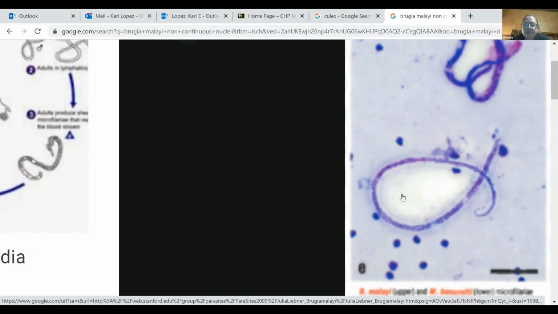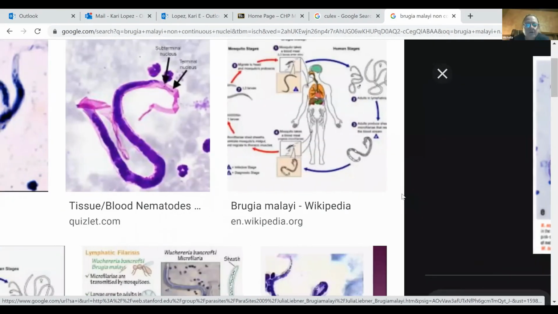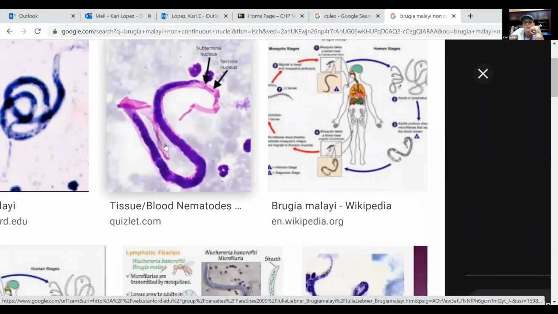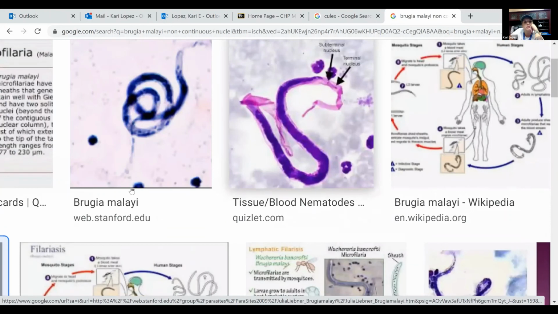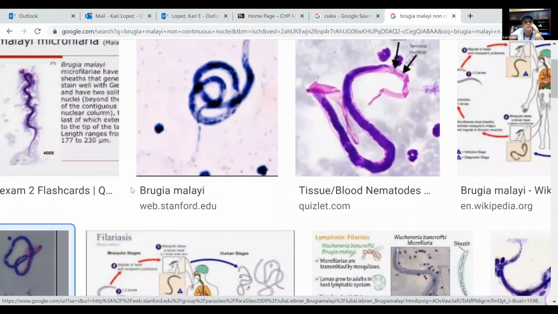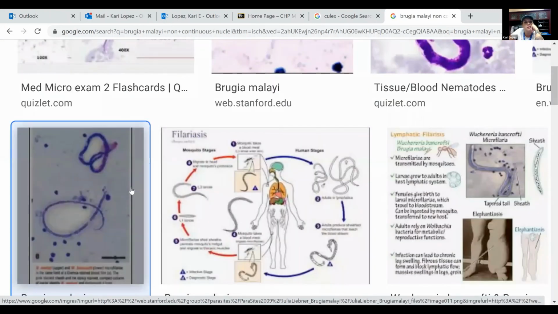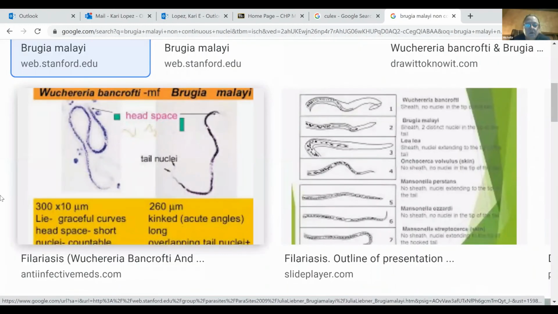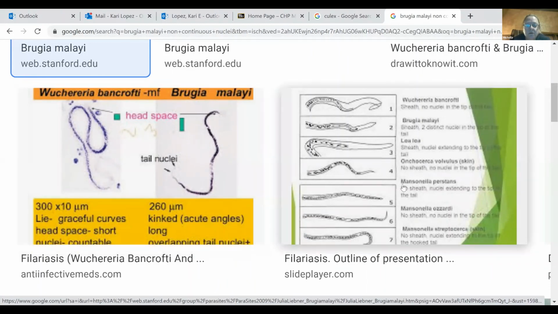Yeah. So you can't really see it, but they're staining it for that pink tail. Oh, here's a nice one.